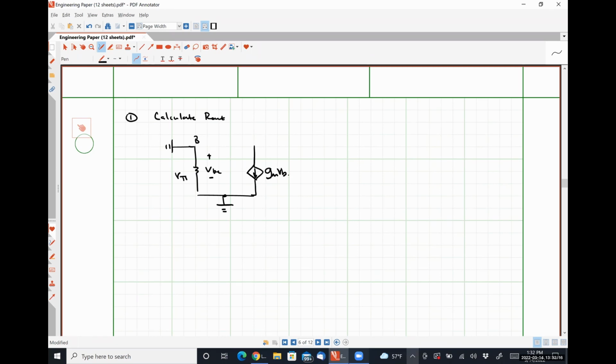Here's GM VBE in parallel with R naught. Here are our collector and emitter terminals respectively. Here is RC, here's ground, here's the terminal into which we are trying to determine our output resistance.